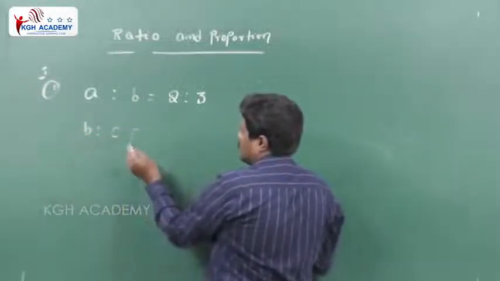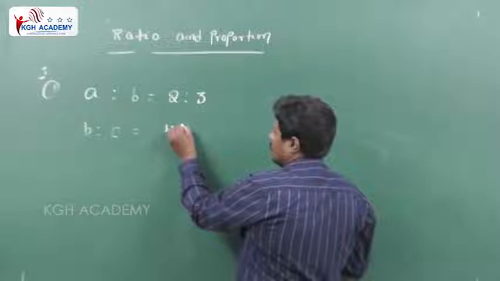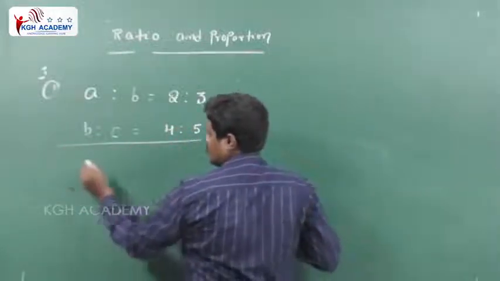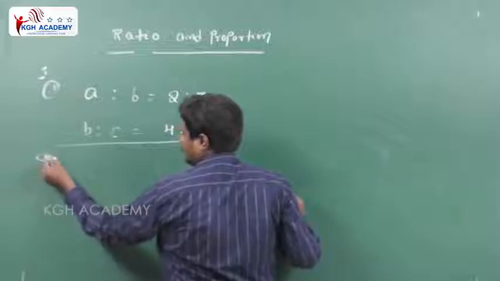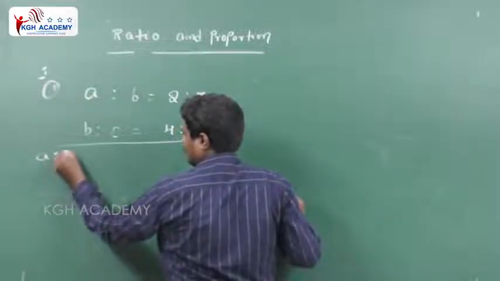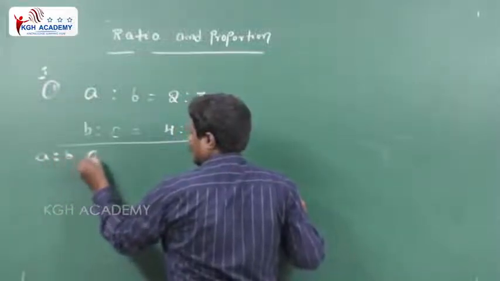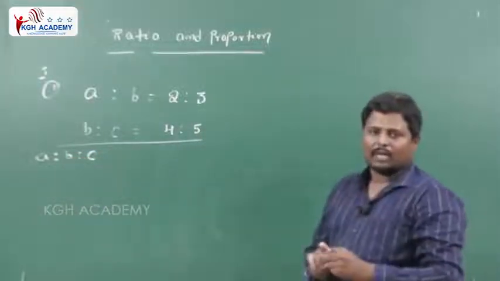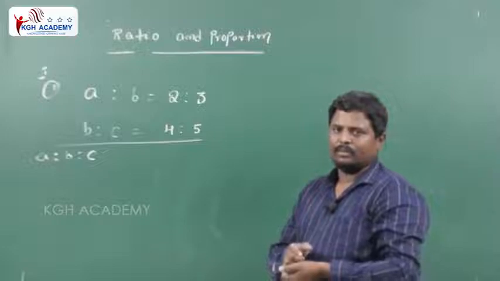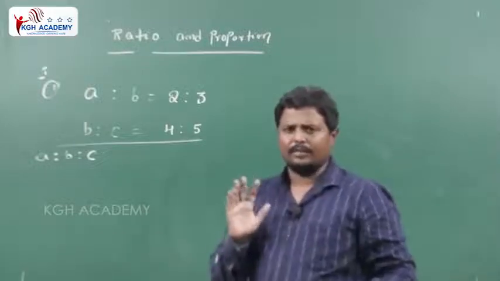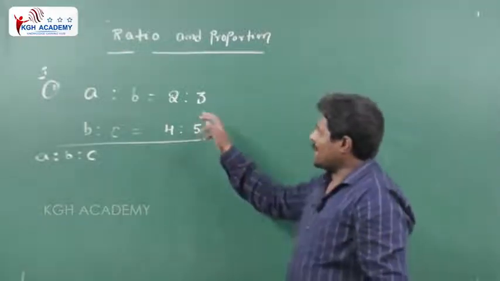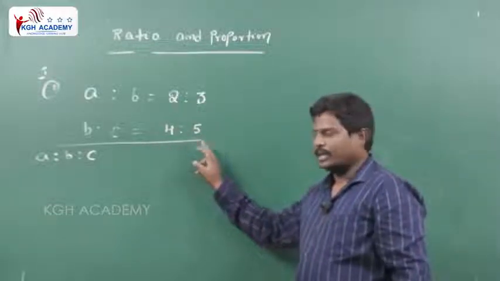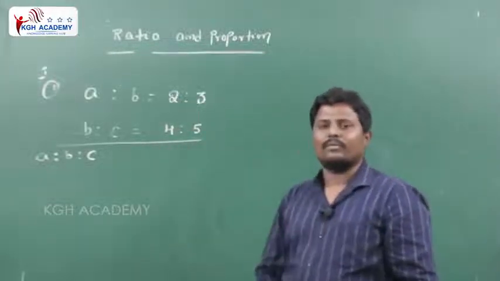B is to C equals 4 is to 5. Then find A is to B is to C. This is a very regular question, sir. A is to B equals 2 is to 3, B is to C equals 4 is to 5. We need to calculate the ratio of A, B and C.